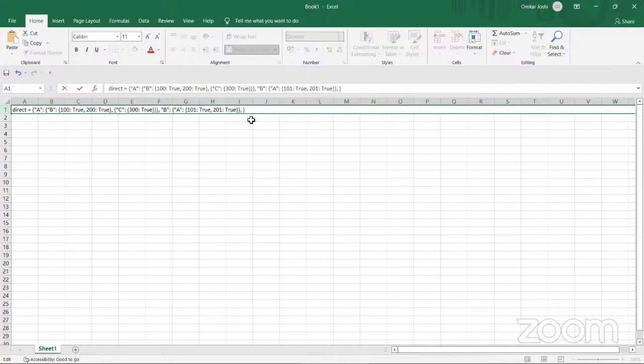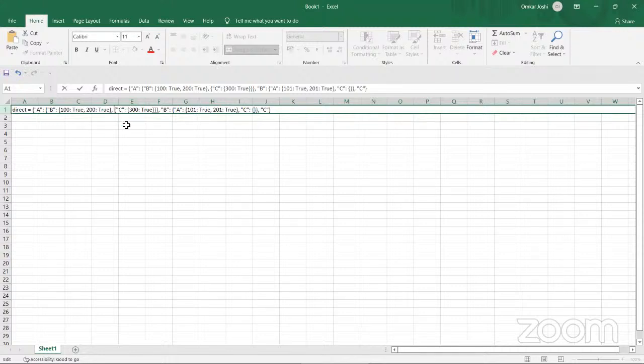Similarly, for C, let's say. No, for B, we have to add C also. So this is okay. That is A. Okay, over here. For C, right? I think I made a mistake here.